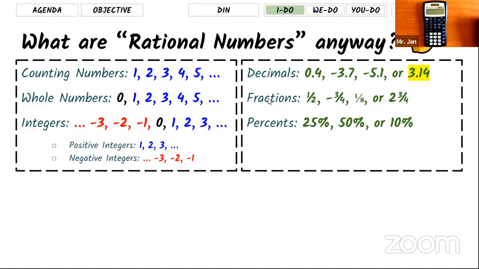And you also learned fractions before. Fractions are something over something, or numerator over denominator. Numbers like 1/8, 3/4, and this is a mixed number, by the way, 2 3/4. We call those fractions, right? And fractions can also be negative.